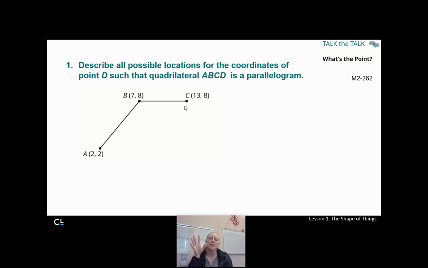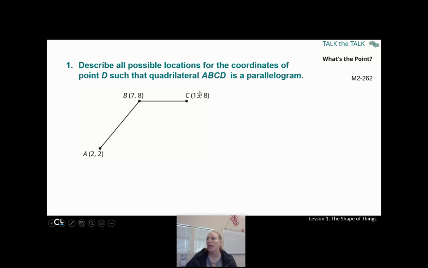Now, we did something similar to this last time, and you had the advantage of having it on a coordinate plane. We don't have this on a coordinate plane, so I had to get a little more creative with this. But I do know that wherever D is, if it's a parallelogram, the slope of AD should be the same as the slope of BC.